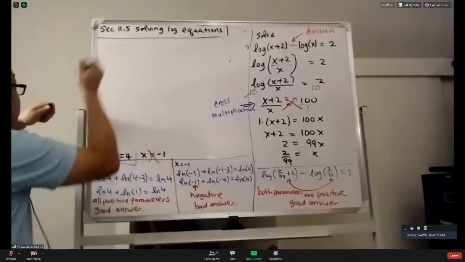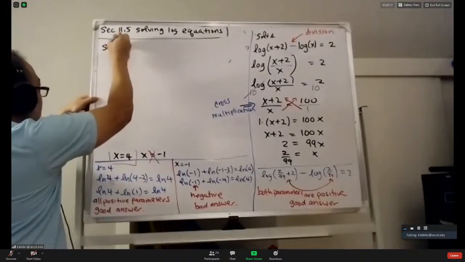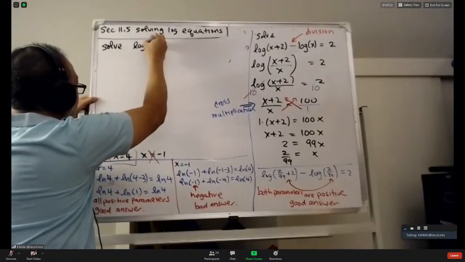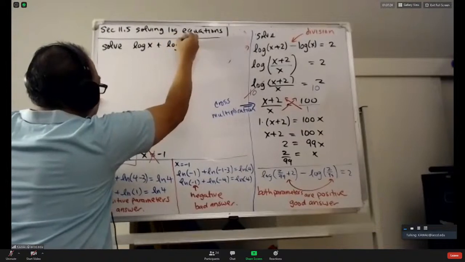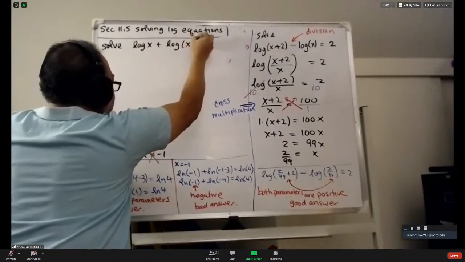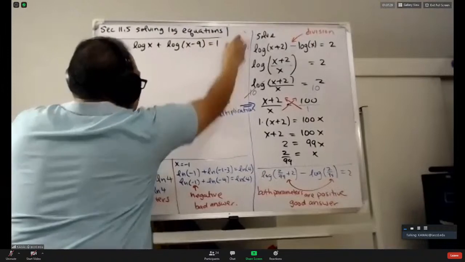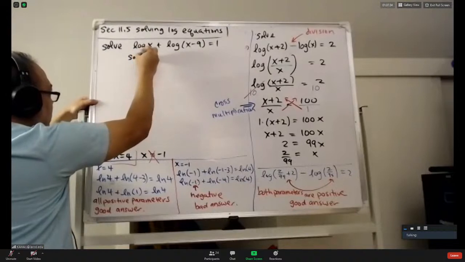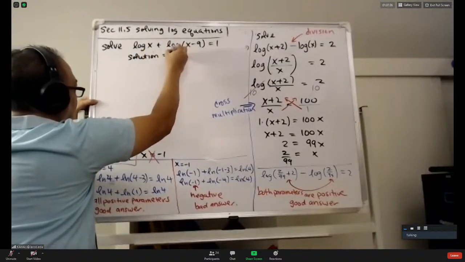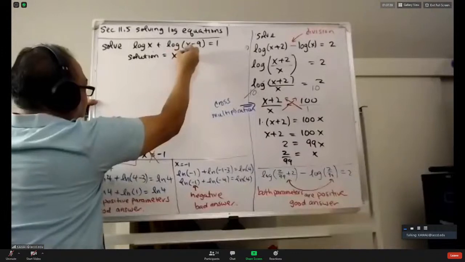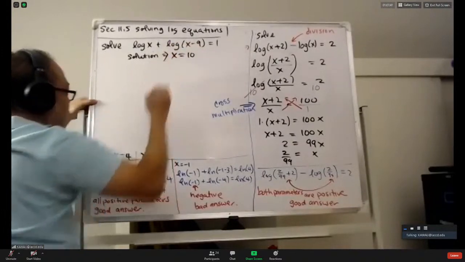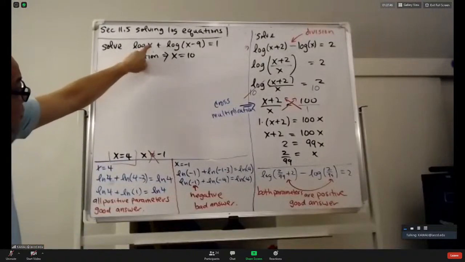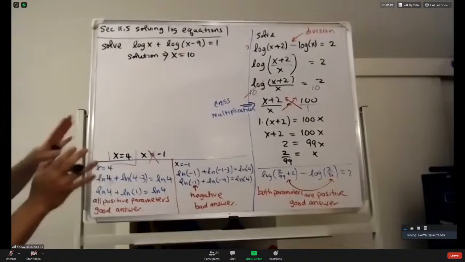So we did two problems. We did this one. It looks something like this. log x plus log (x − 9) is equal to 1. And this one only had one answer. x is equal to 10. That's the only answer we had, because when we plugged in −1, it made this negative, it made that negative. That's why we crossed out −1.